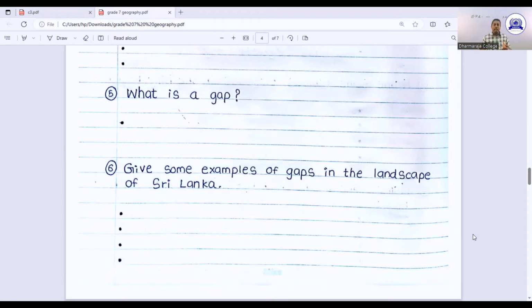A gap is a path between two mountains. That is a pass. We have to go through it between two mountains. There are very famous gaps in Sri Lanka. Balana is a very famous gap. You can write those names also.